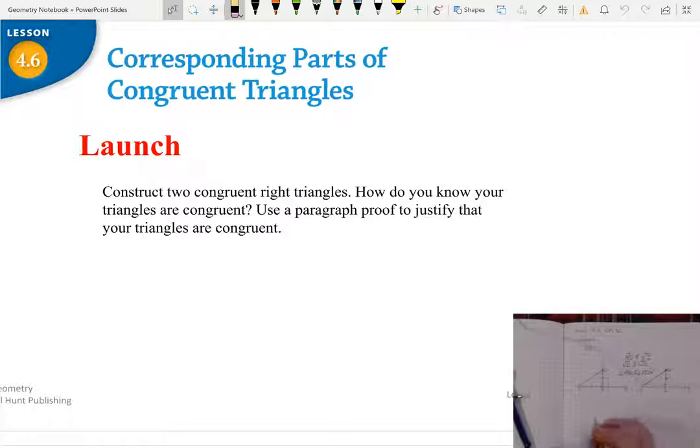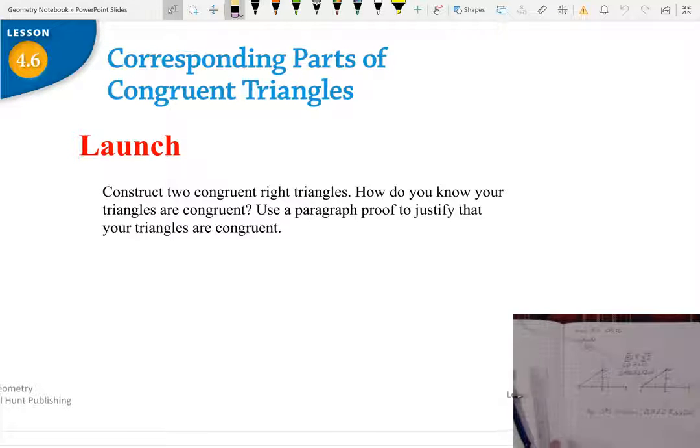And so by the side-angle-side conjecture, triangle ADC is congruent to triangle XZW. There you go.